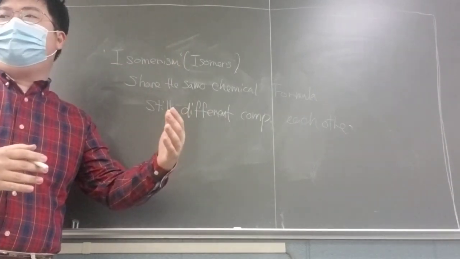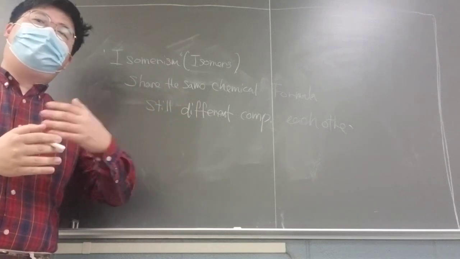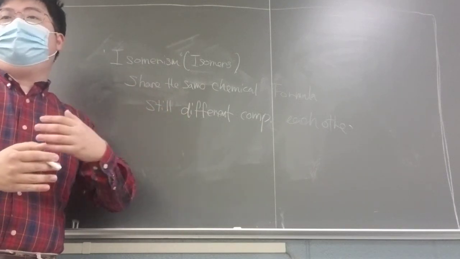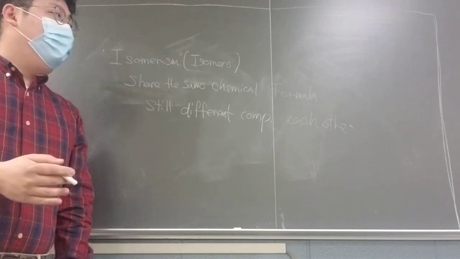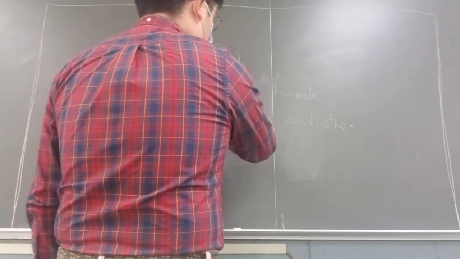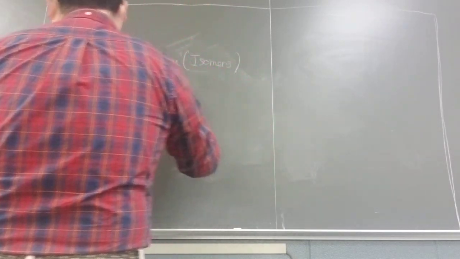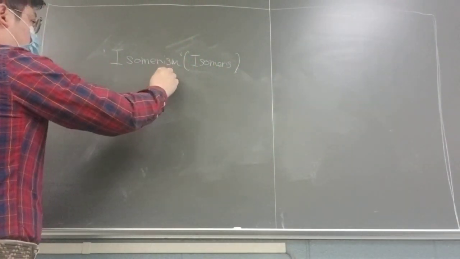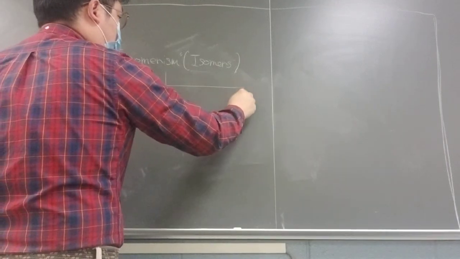Whenever they share the same chemical formula but are still different compounds, how are we going to distinguish them from one another? The first way to do this is looking at the structure. So mainly it gets into two categories.